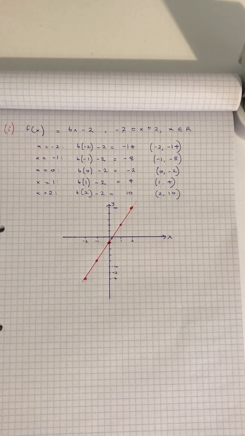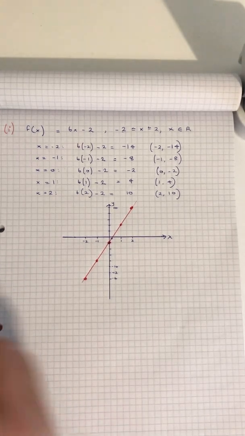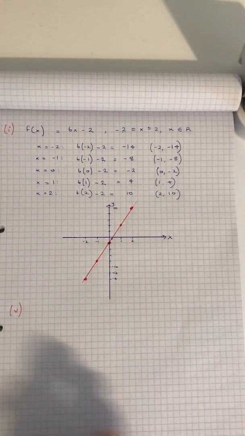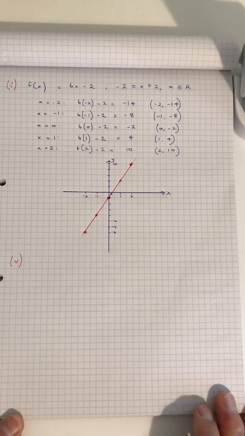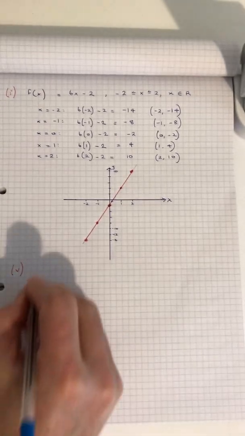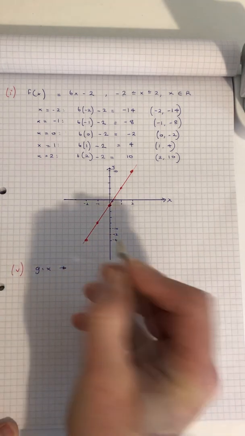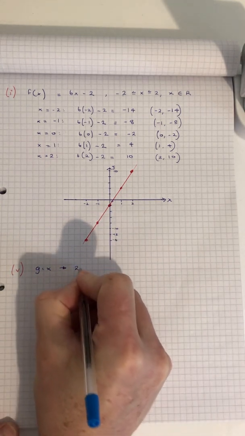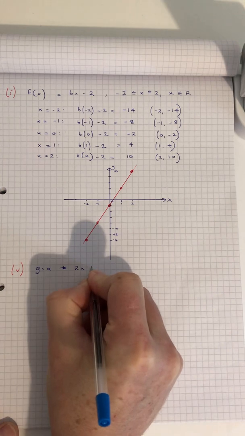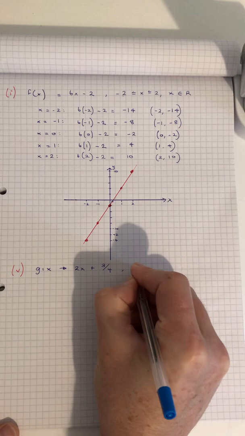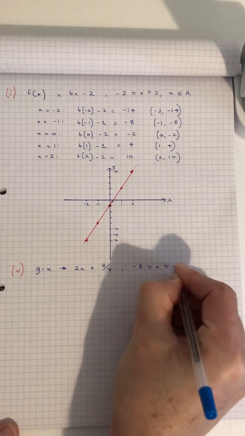Now, the next one I'm going to do out for you here is part 5. So V, part 5. I'll leave that one there for you. So V says g of x, so written slightly different, so graph of x, g for graph, 2 of x plus 3 over 4, and it's between minus 8 to minus 2.